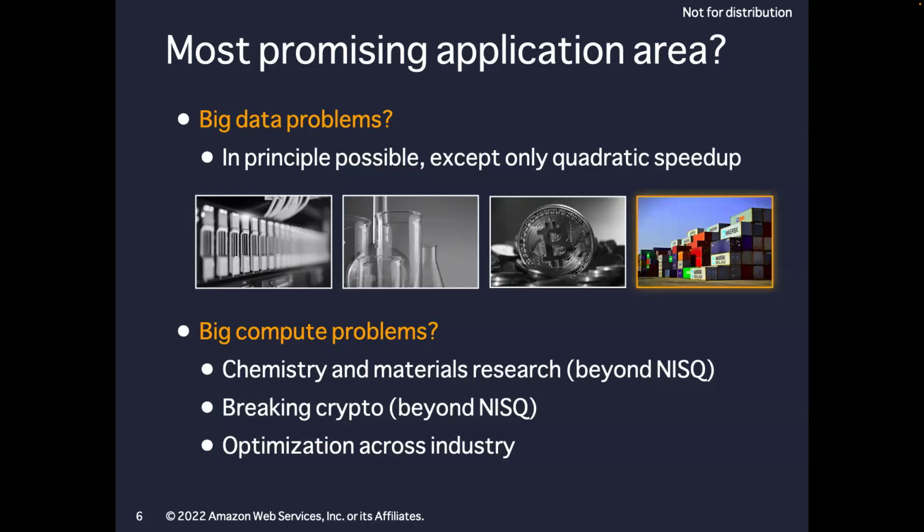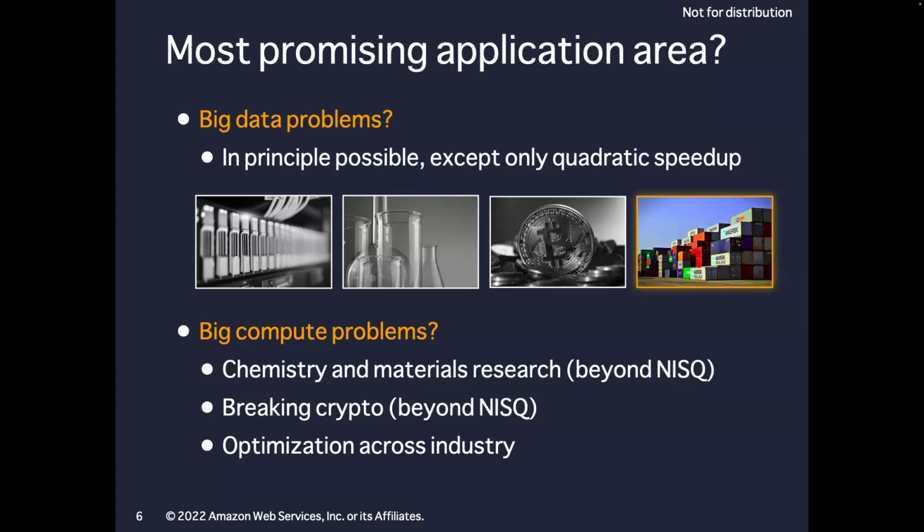And when you look at the overhead for loading classical data into quantum memory, pretty much any speedups are gone. So it's unlikely to be of value. What about big compute problems? There, the typical applications you hear of are chemistry and crypto. I'm not sure, maybe if you lose your Bitcoin wallet, then it might be a useful application. And then finally, of course, optimization across industry.